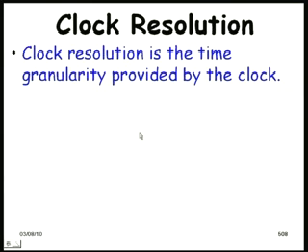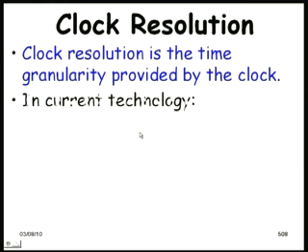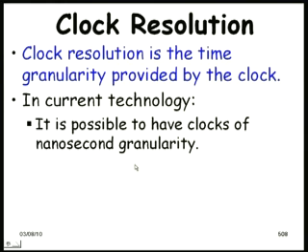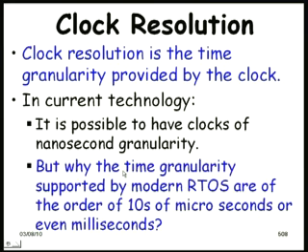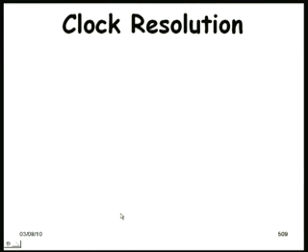Now, we are discussing the clock resolution being supported by the operating system. We had said that the current hardware clock available is a gigahertz clock. It should be possible to have a nanosecond clock, but the granularity that we will discuss in our subsequent lectures is microseconds, several microseconds or even milliseconds, and we are trying to examine the reason behind this.